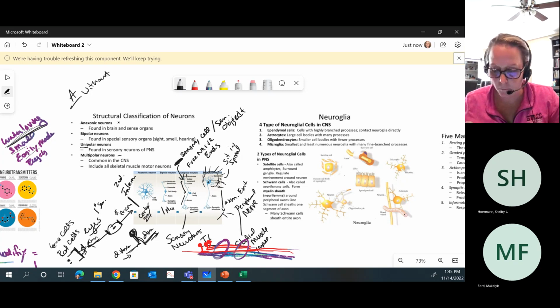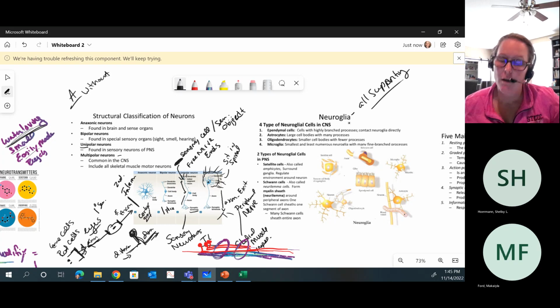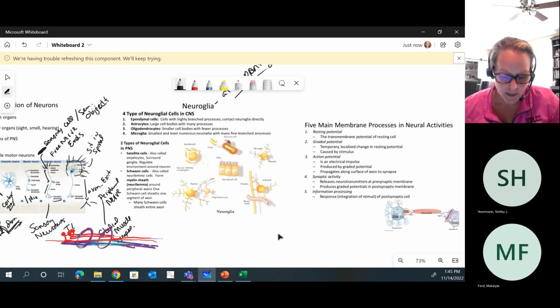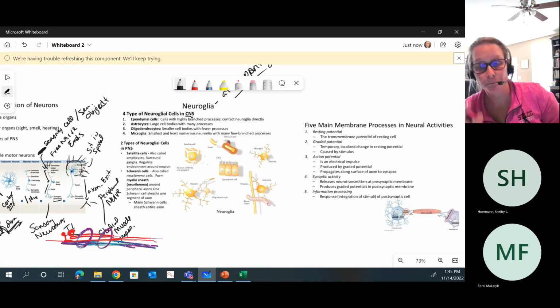Okay. Now, when we did chapter 4, we said that all supporting cells were called neuroglial cells. Now we're going to ask that you actually learn the individual types of neuroglial cells. There are again 4 of them in the central nervous system.